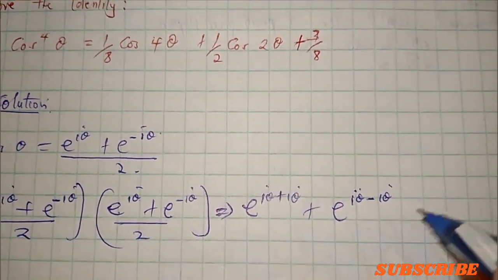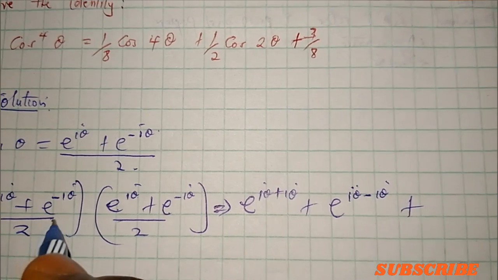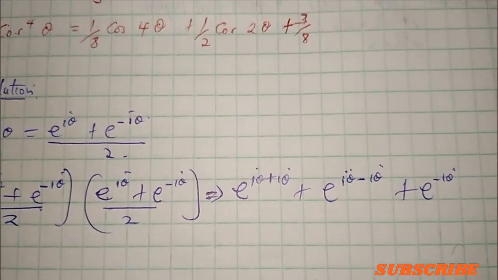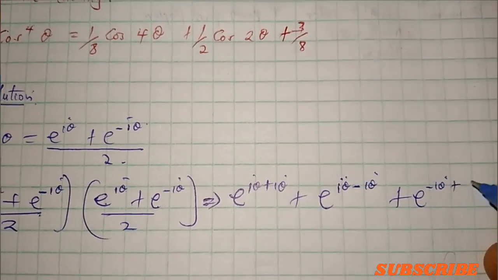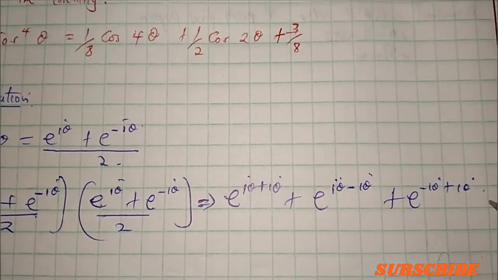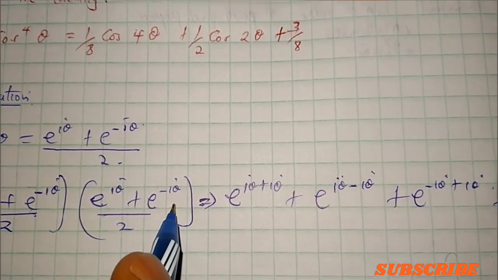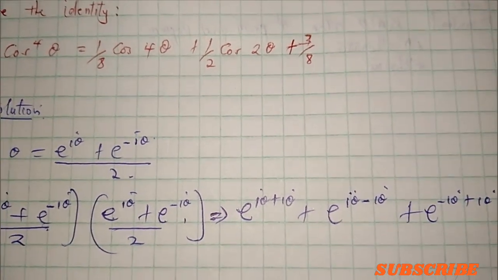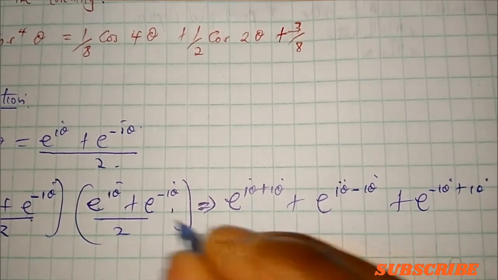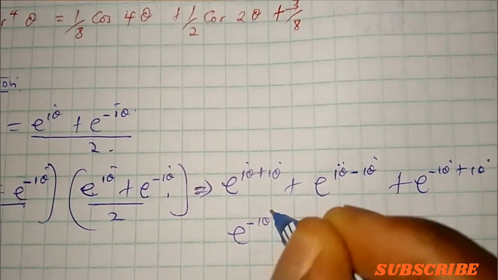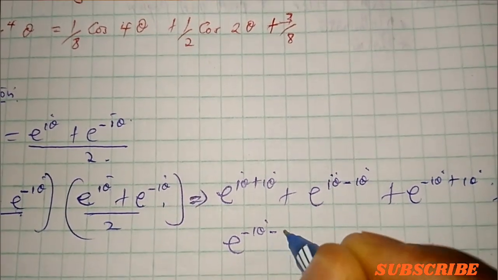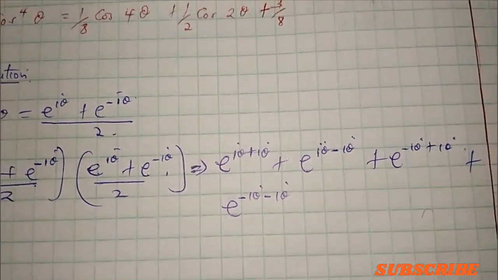Plus this one times this one, e raised to the power negative i theta plus i theta. Plus this one times this one, e raised to the power negative i theta plus minus i theta, it becomes minus i theta. Remember, negative times a positive is a negative.